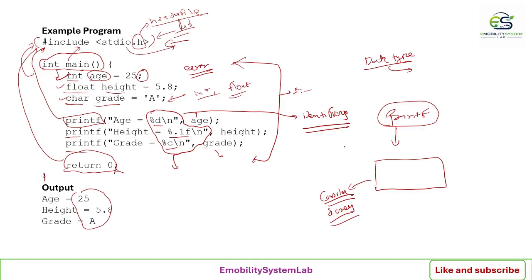Whenever you want to see what type of data you have stored in a variable, suppose here you have stored integer type data, and you want to see what value you have stored in this variable on the screen, for that purpose you will use the printf function. There are multiple functions which can be used in the program, but those functions we will deal with in coming videos, not now.